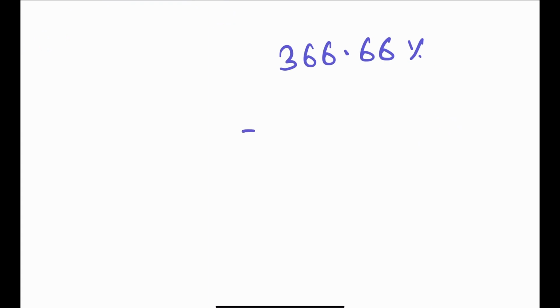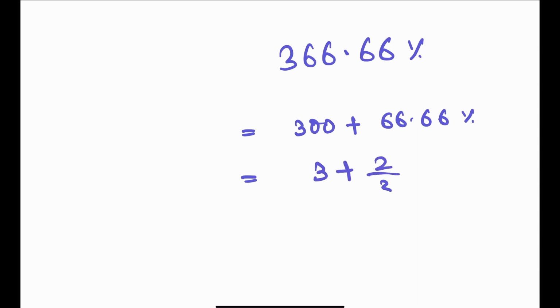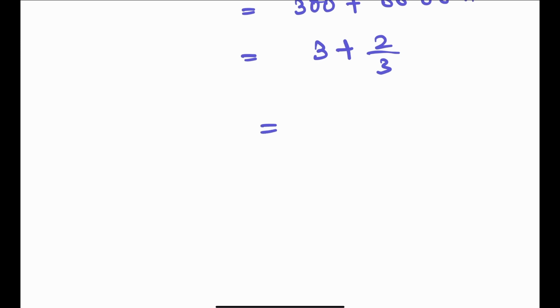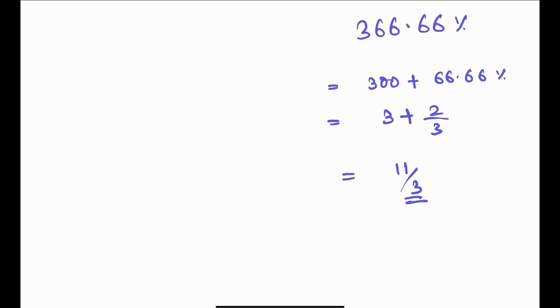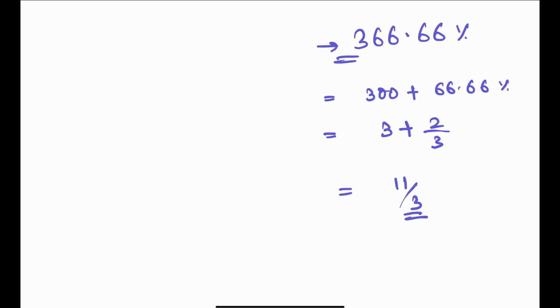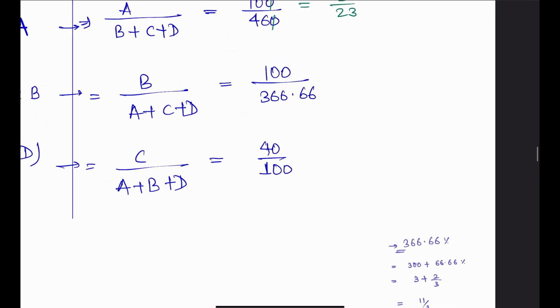So we can rewrite it as 300 plus 66.66%. 300 is 3 in fraction terms, 66.66 is 2 by 3. So it can be rewritten as 3 plus 2 by 3, which is 11 by 3, right? So the percentage 366.6 can be rewritten as 11 by 3.